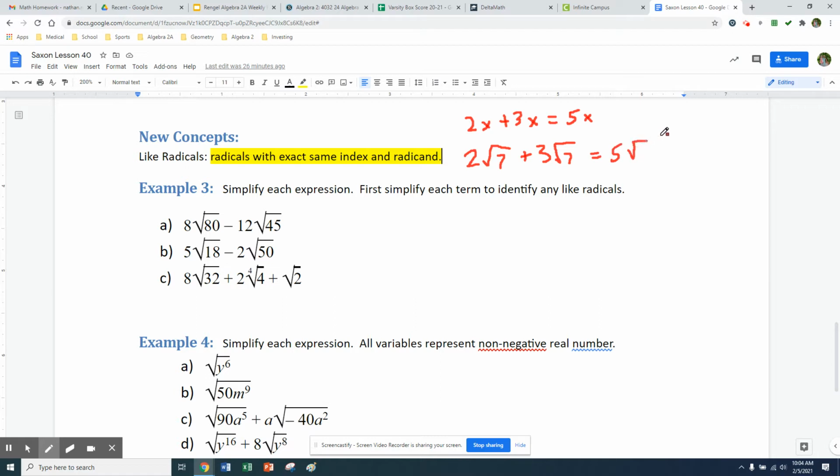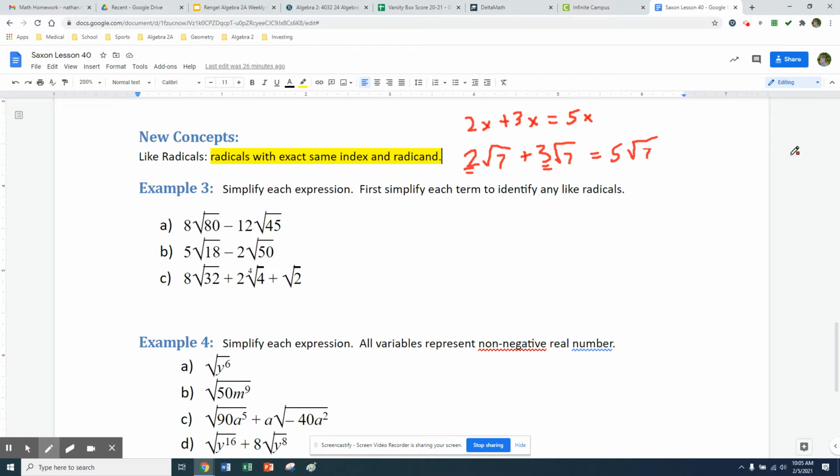So again, if you have the exact same radicand, which we have a 7, and the exact same index, which these are both square roots, then you can combine these numbers that are in front to get one single radical. So those numbers in front we call the coefficients. So we can add the coefficients to get 5 root of 7.